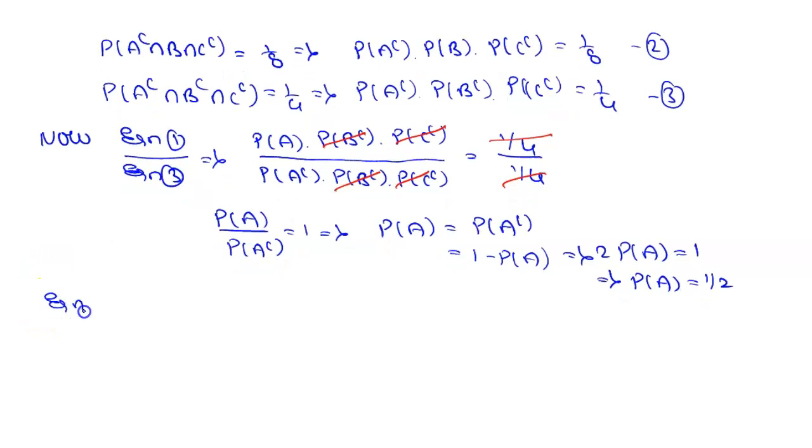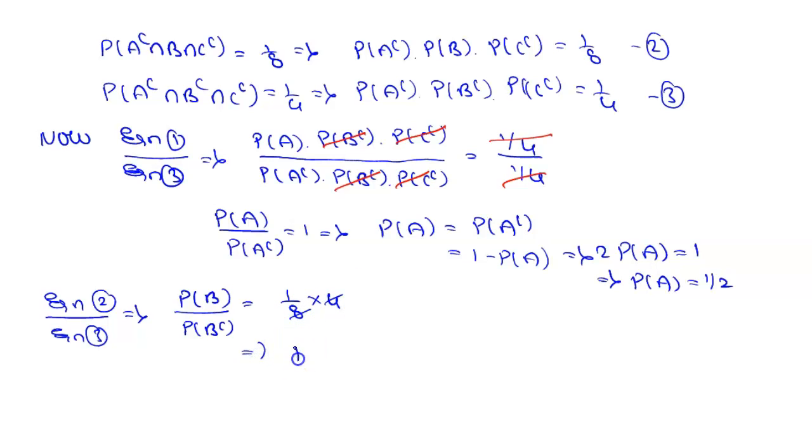Same thing here. Now I am taking equation 2 by equation 3. Equation 2 by equation 3, in the sense P of A complement with P of A complement will get cancelled. P of C complement with P of C complement will get cancelled. Leftover value is P of B by P of B complement. Okay, this is equal to 1 by 8 into the reciprocal, no, 4. Here 2.